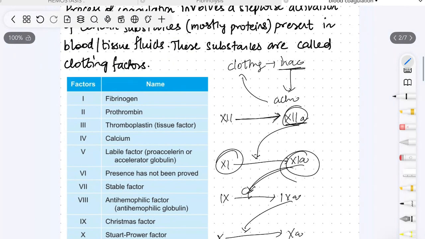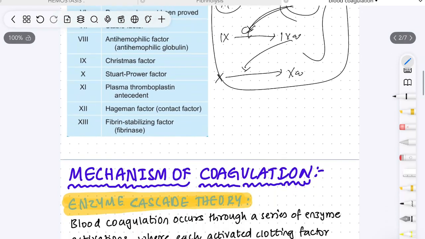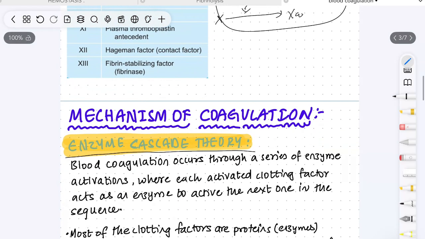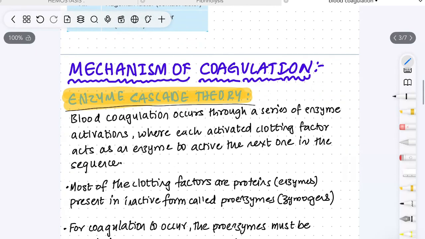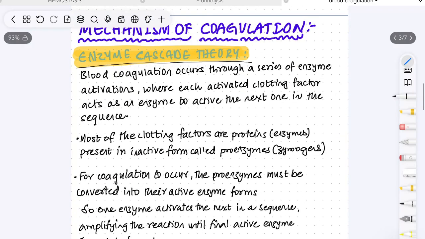This mechanism, the stepwise activation of each clotting factor, is known as the enzyme cascade theory. I hope you got what the enzyme cascade theory actually is.